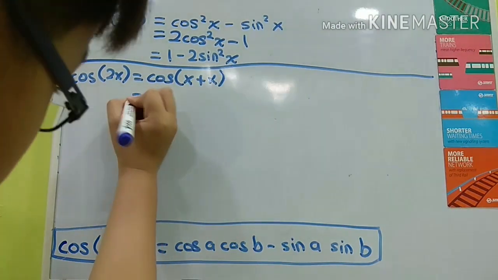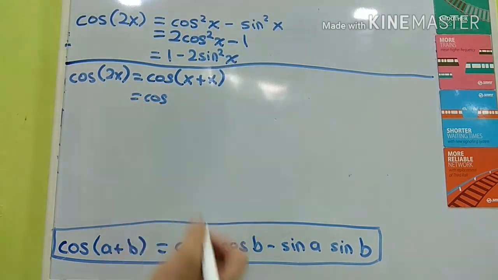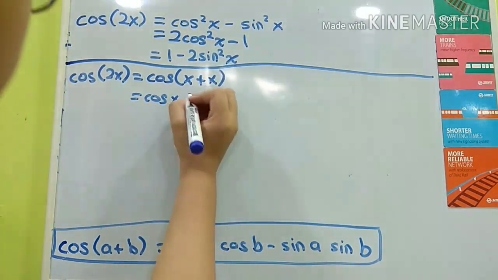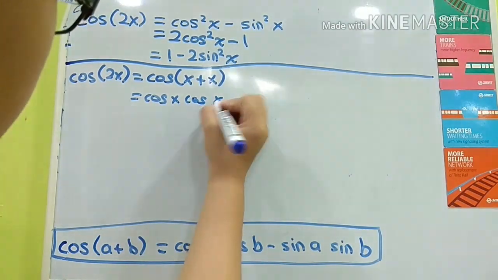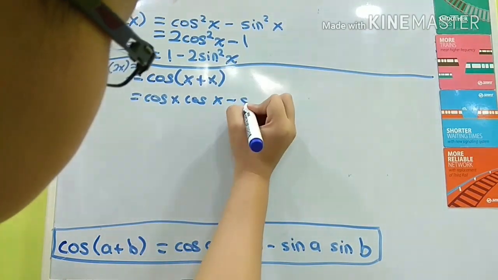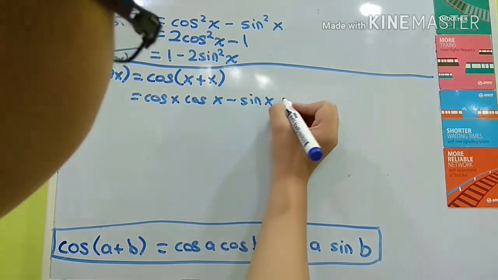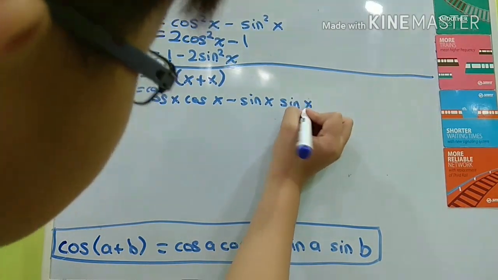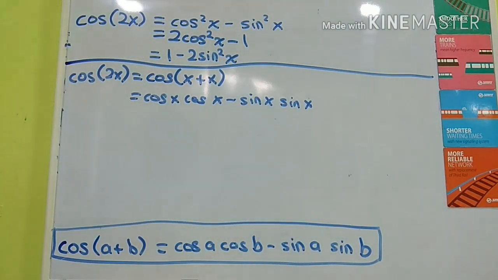Then I'm gonna plug in everything. The cosine of a, which is x, multiplied by the cosine of b, which is x, minus the sine of a, which is x, and the sine of b, which is x. So now we get cosine of x multiplied by cosine of x minus sine of x multiplied by sine of x.